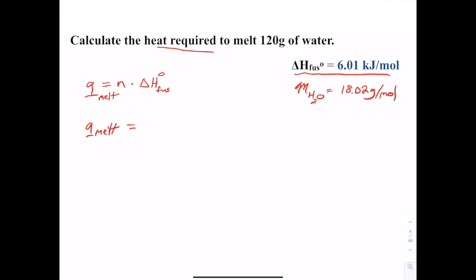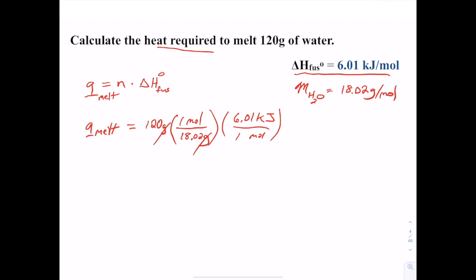But we don't have moles, we have grams. 120 grams. So to convert that to moles, we'll use 18.02 grams is equivalent to 1 mole. And that will give us moles. And then if we continue on, for every mole we need 6.01 kilojoules.